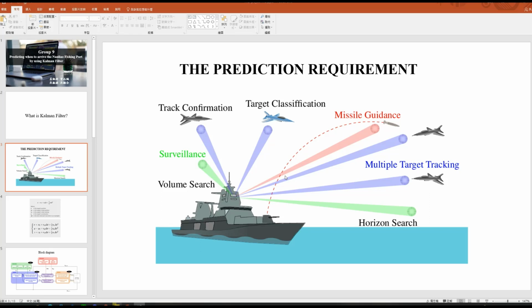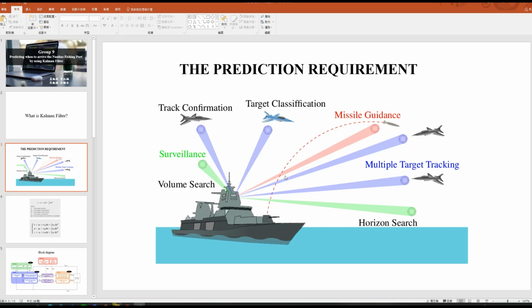Furthermore, the target motion does not strictly follow the motion equation due to external factors such as wind, air turbulence, and pilot maneuvers. So the dynamic model error is called process noise.